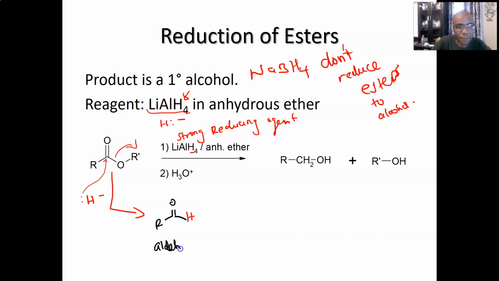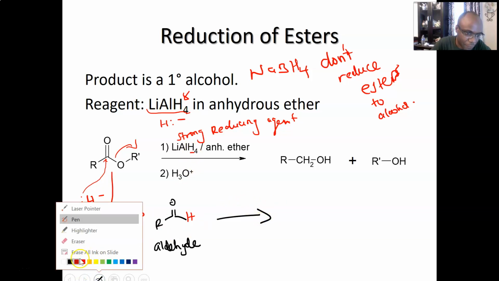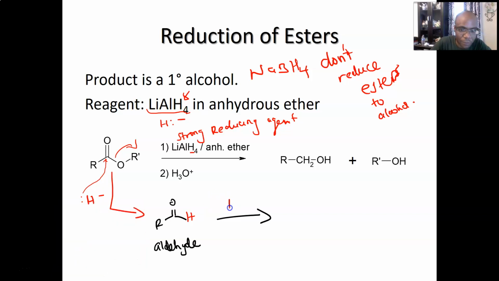It's an aldehyde. Okay, you know aldehydes are more reactive than even ketones. So because we have extra hydrides to give, there are 4 of them, one can bring another hydride from lithium aluminum hydride. Okay, this comes from lithium aluminum hydride, because there are 4 that can be given.